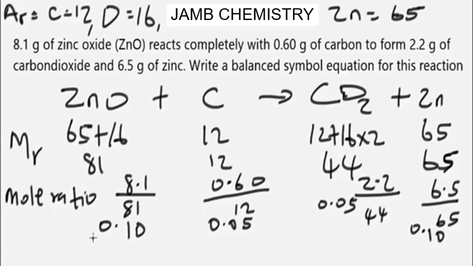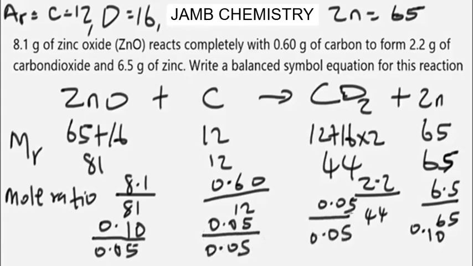So divide through by 0.05, 0.05, 0.05, and also 0.05. When you punch on your calculator, 0.1 divided by 0.05 will give you 2.